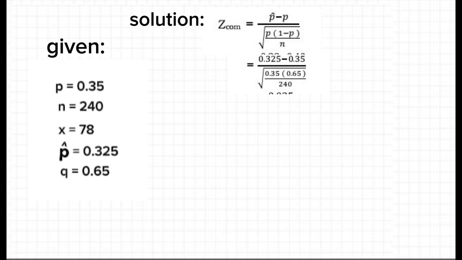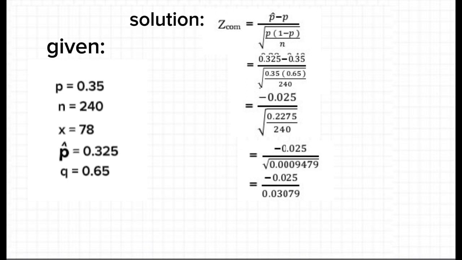First, we will subtract 0.325 from 0.35 and then multiply 0.35 by 0.65, and the product of this should be like on the screen. After that, we will be dividing 0.2275 by 240, and it is equal to 0.009479. Now let's get the square root of 0.009479.